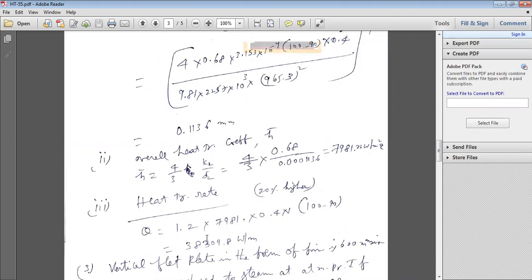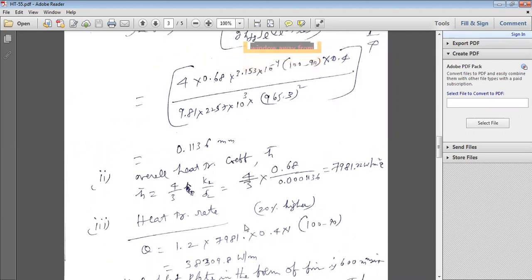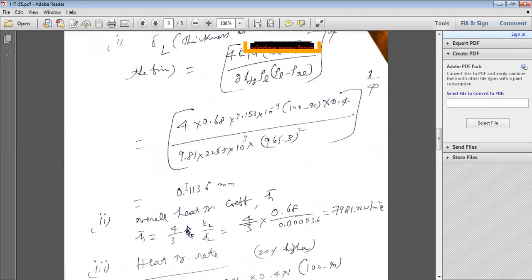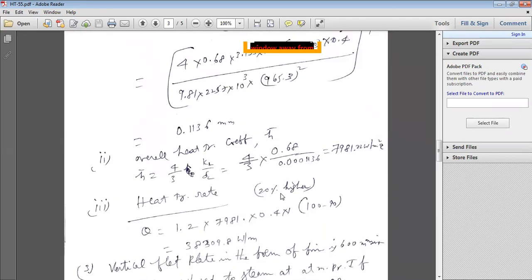But what about McAdams? Here he has given McAdams. Incorporating McAdams correction, you have to calculate the heat transfer rate. Nothing more is there in that. You only have to take 20% higher than the actual heat transfer rate. So what is the actual heat transfer rate?